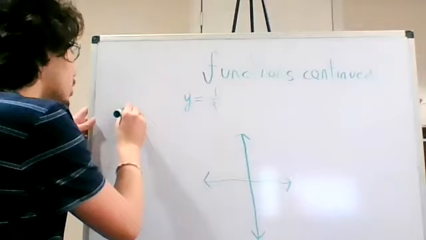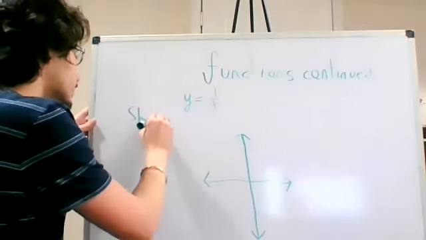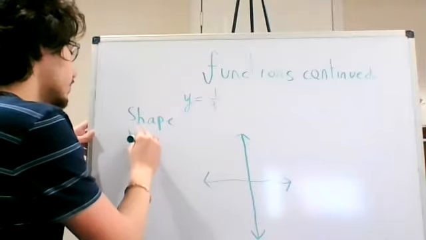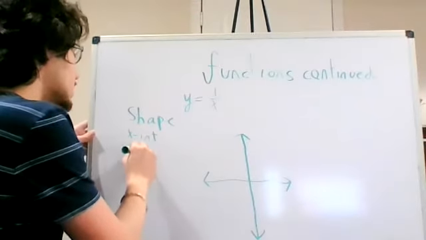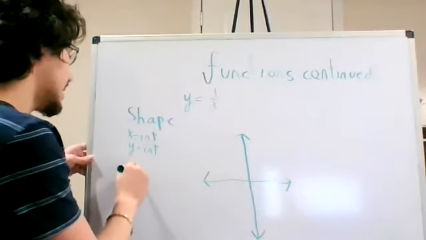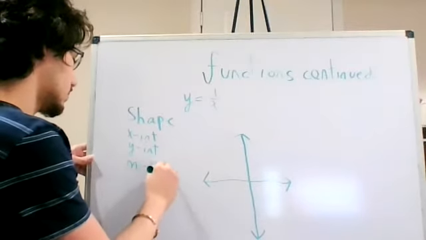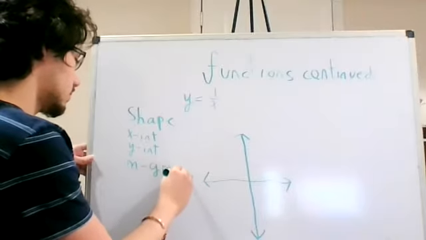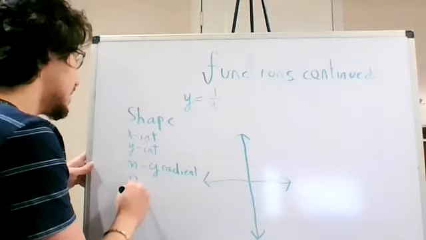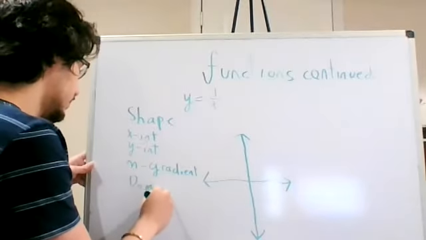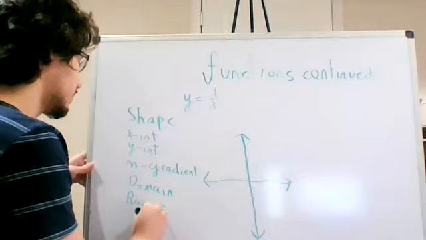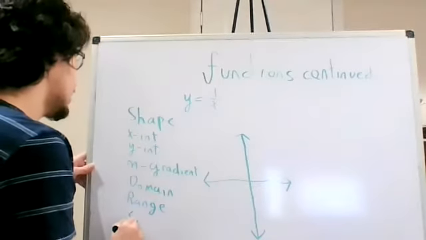We can know what the shape is, the x-intercept, the y-intercept, the gradient, and we recently just learned domain, range, and something called continuity.